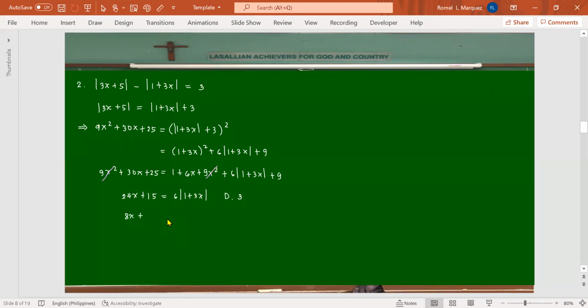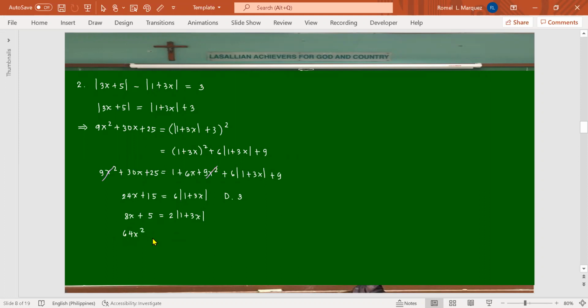Then 15 divided by 3 is 5, and 6 divided by 3 is 2. So 2 abs of 1 plus 3x.